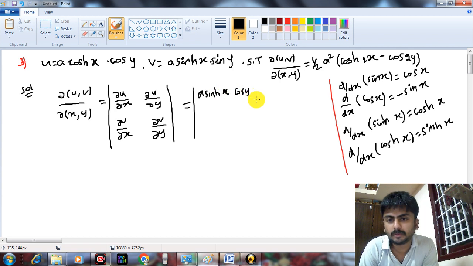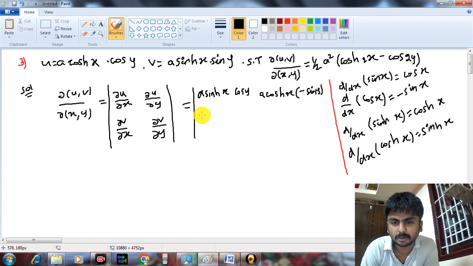When I differentiate u with respect to y, a cosh x will be constant, so we will have a cosh x into the differentiation of cos y, which is minus sin y. So minus sin y.